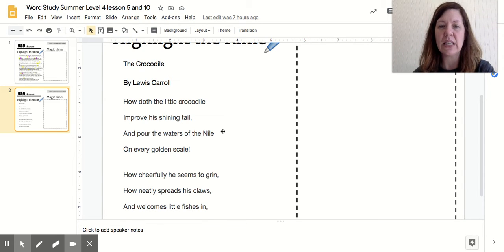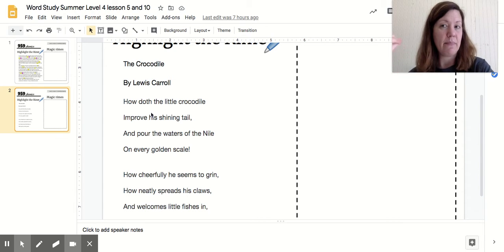He calls it just the Nile, but the Nile River is a river in Africa, and there are a lot of crocodiles there. This poem was written a long time ago, and so sometimes he uses language from that time period, including this word doth.